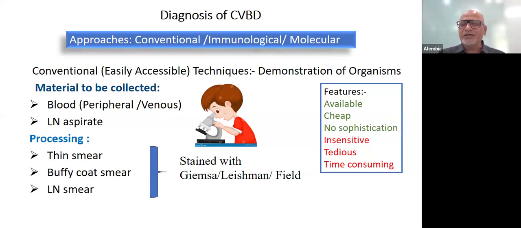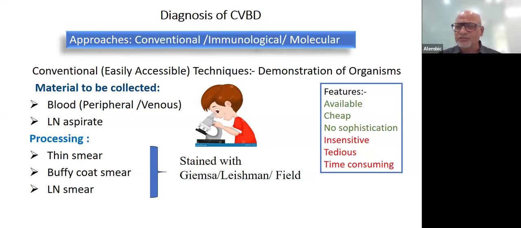When the organisms are detected, it is obvious evidence that the infection is present. There is no doubt when the organisms are detected. These methods are available in most parts of India. That is the advantage. The cost is also not high.